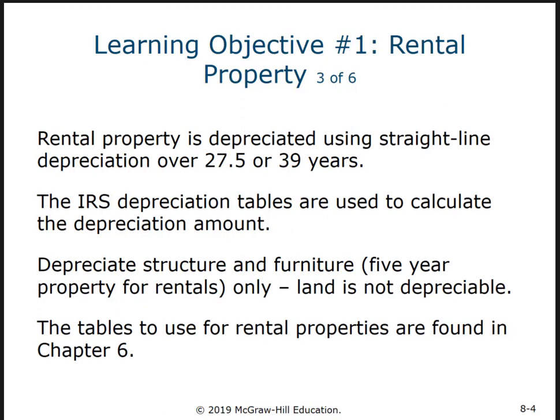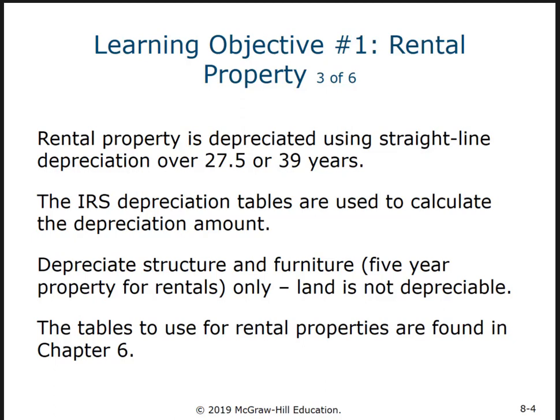So 27 and a half or 39 years: you've got 27 and a half years for residential, 39 for commercial property. So you can use the tables. If you have furniture that is rented, so you rent a furnished apartment, it has beds, it has tables, it has that sort of thing, that is depreciated for 5 years.